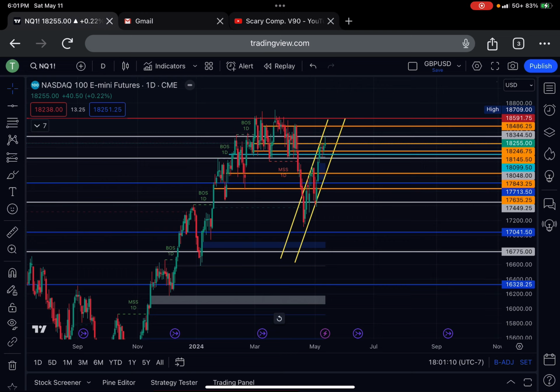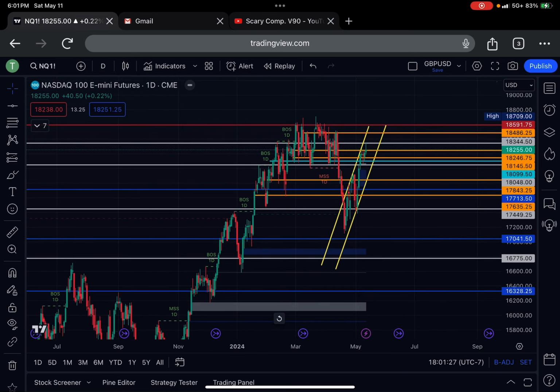I'll go a little bit more, putting the trend lines on the blue line for the weekly, and then I go to the daily and hit the areas where I think price is going to respect the most for the white lines, which is the daily.